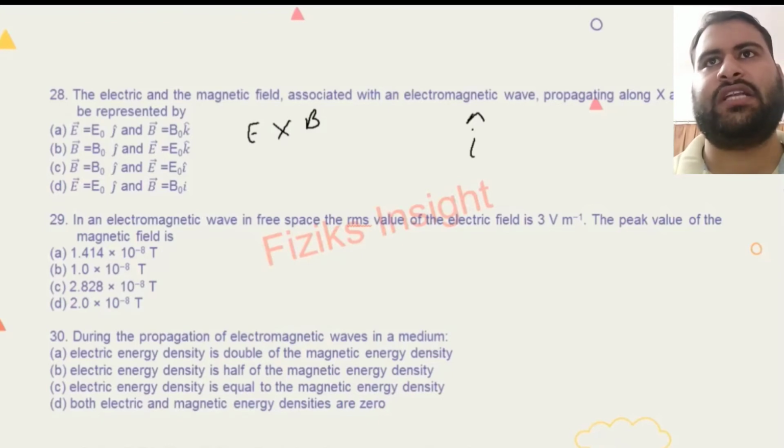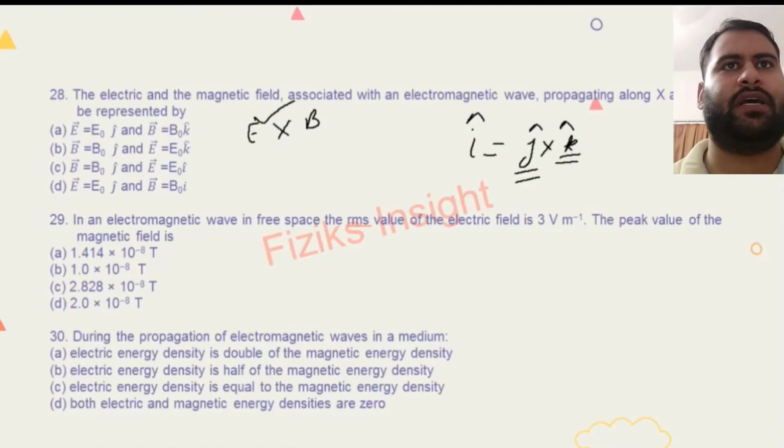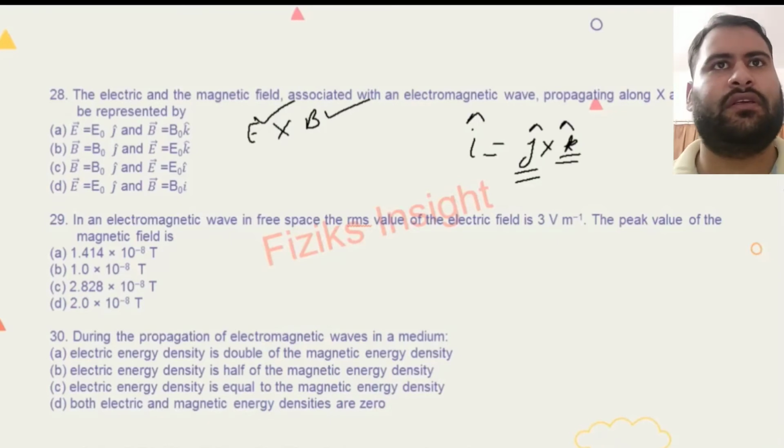So the correct answer should be j cap cross k cap, means in j direction your electric field should be there and in k cap your B direction should be there. So the correct option is D part, so A option is correct, E j, B k.